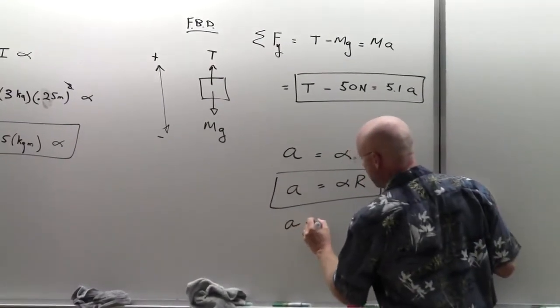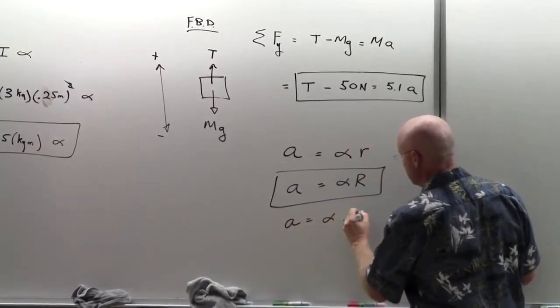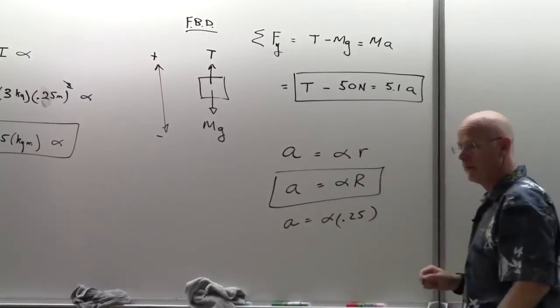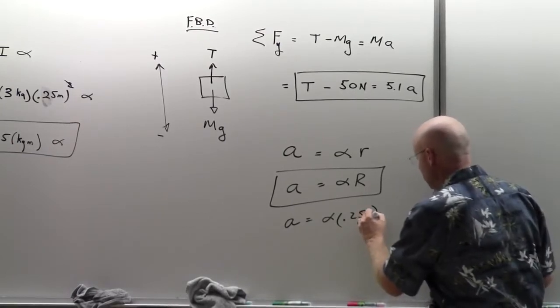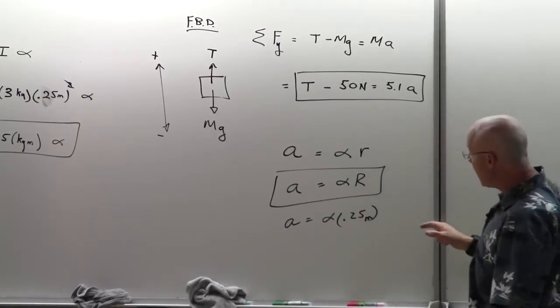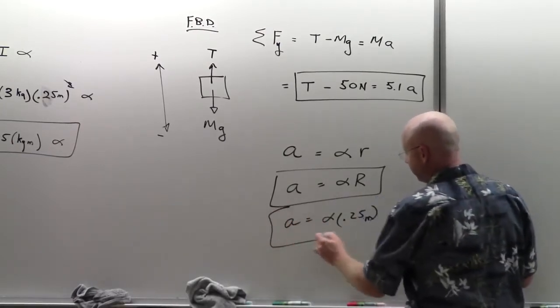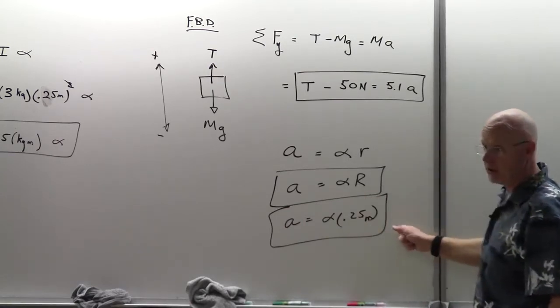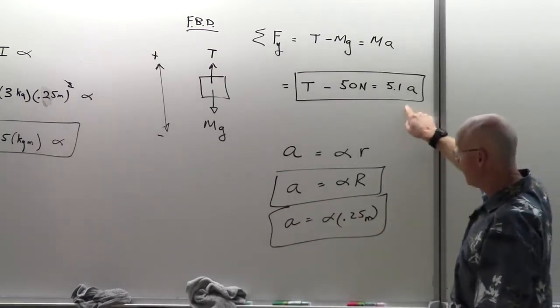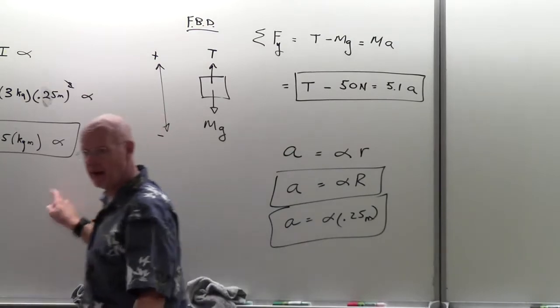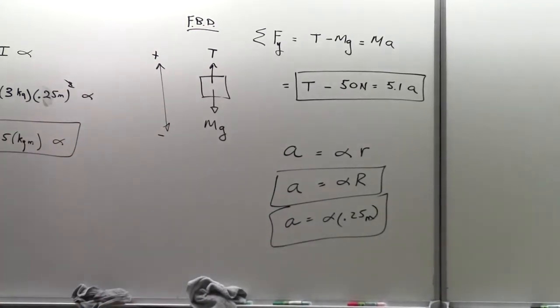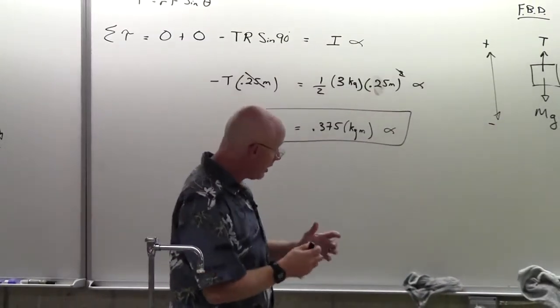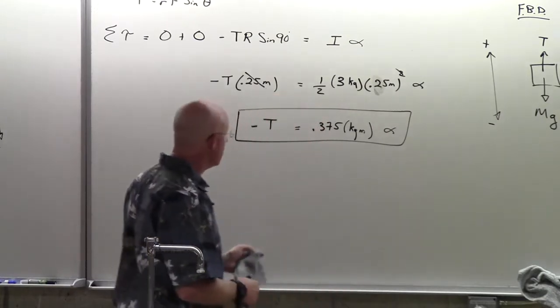So A equals alpha times 0.25. And maybe I'll put my units in there. But now, that's my third equation. So I got that one, and that one. And so now I can begin to solve this equation.